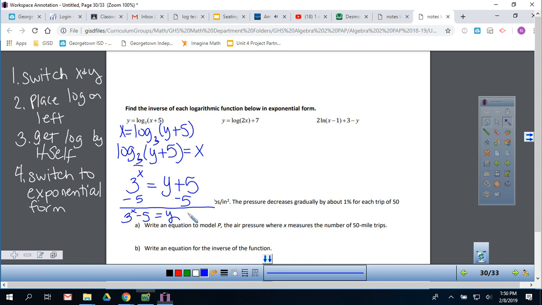Alright. Let's do one more together and then you can do that last one on your own. Switch to exponential form and then get y by itself. Alright, so this one, step 1, step 2, flip them.